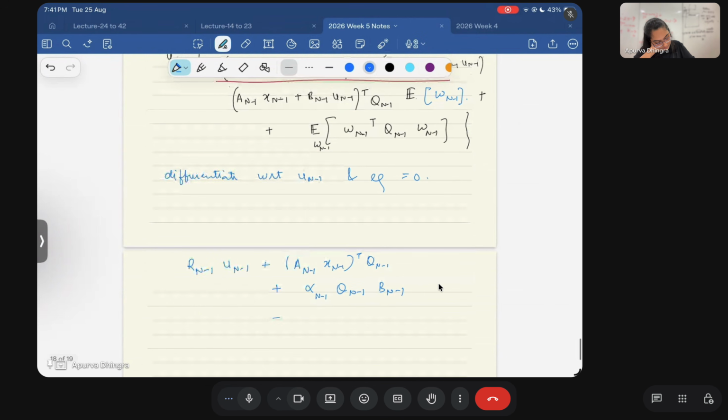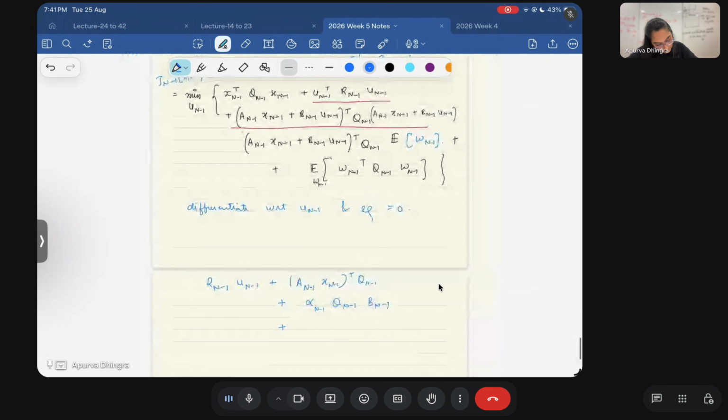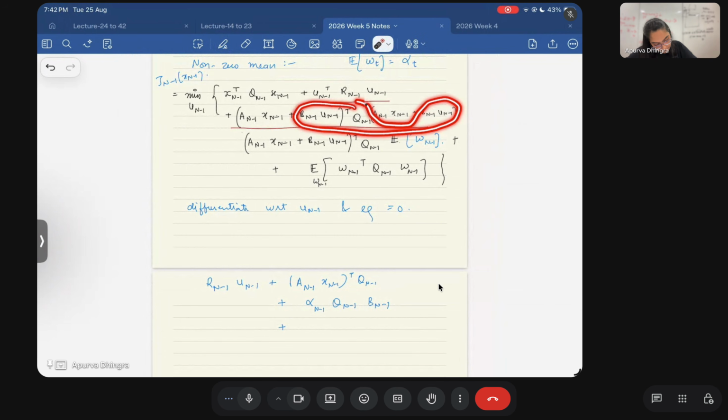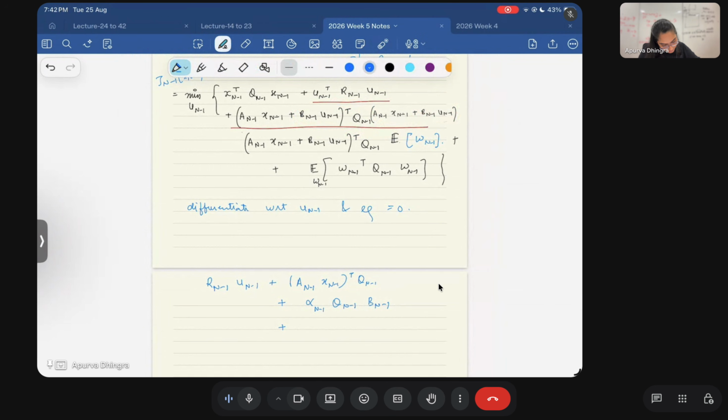Okay, and there is one last term that is because of this component, which is Bn minus 1 transpose Qn minus 1 Bn minus 1 un minus 1, and this all needs to be equated to 0.